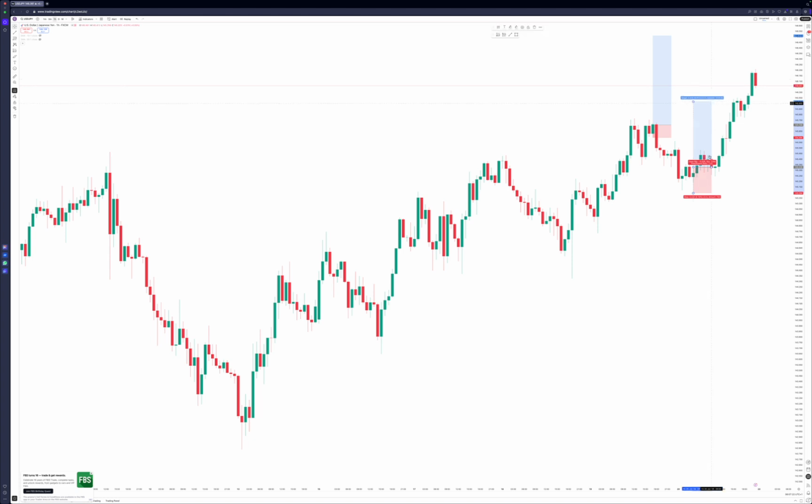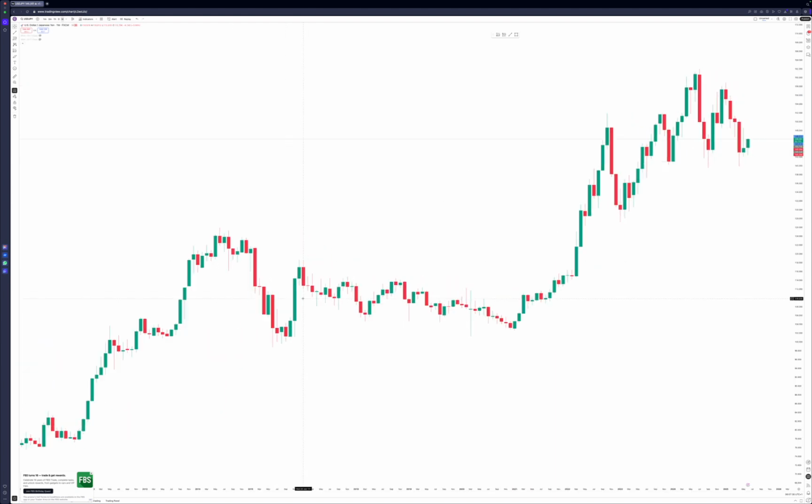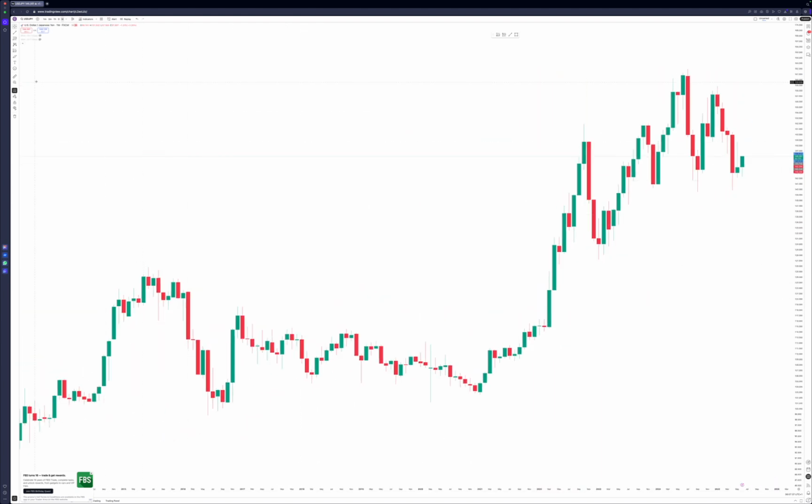I exited somewhere. On the 15 minutes, and the 5 minutes and 1 hour, it was looking like this would not be a nice trade, but I wanted to do something. This is how the 1 hour looks, then the daily.